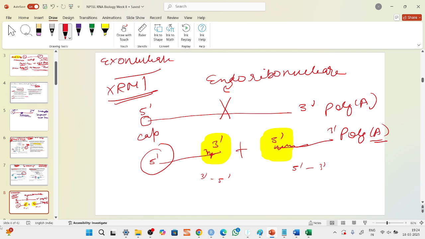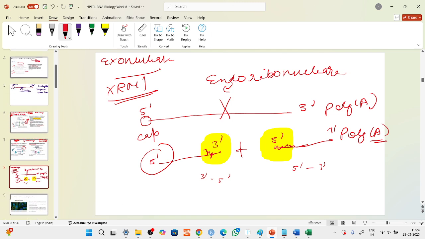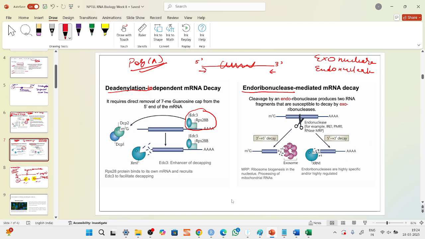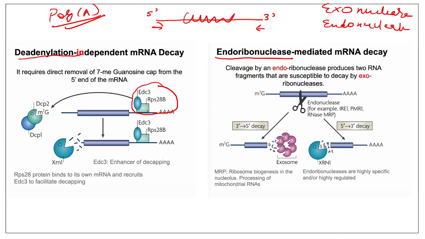So let us see whether what we have discussed makes sense, and this is what they are talking about. Yes. See here. They have cut it. Endonucleases came. They have cut the mRNA into two parts. You can see here, now you have a 5' protected end, but this newly made 3' end is open.